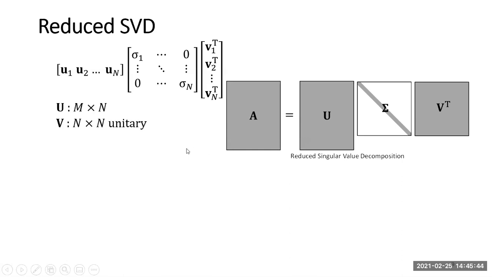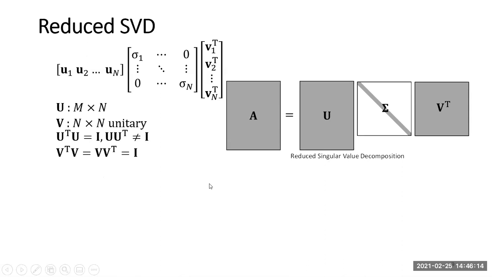And now, since the columns are still mutually orthogonal to one another, we would have U transpose U equals I. But U U transpose would not be equal to the identity matrix. It wouldn't be of full rank n to begin with. And since V we have preserved from the full SVD, it still is a unitary matrix, so that V transpose V equals V V transpose equals I.